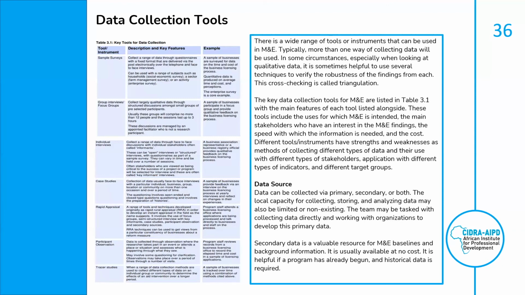Secondary data is a valuable resource for M&E baselines and background information. It is usually available at no cost and is helpful if a program has already begun and historical data is required.